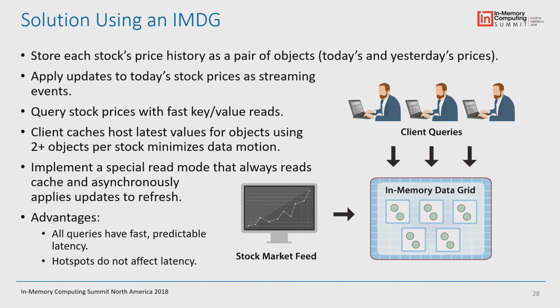So the solution we came up with was to store 2 objects in the grid for each stock, like Amazon. One object has all of today's prices and is being continuously updated through ReactiveX event handling. The other one has yesterday's. Why 2 objects? Because you want to cache those objects in the client systems, and you don't want to churn a lot of data with every update.